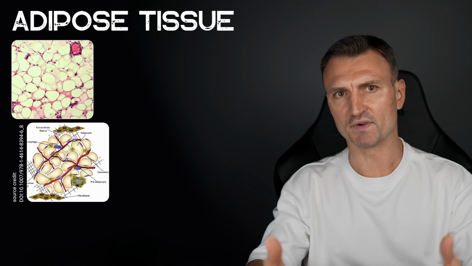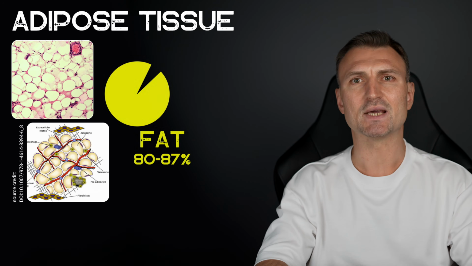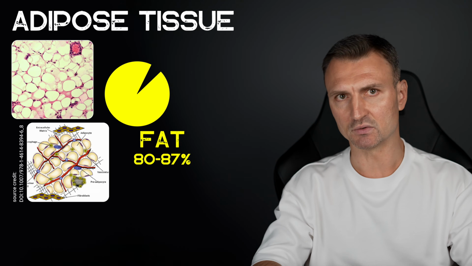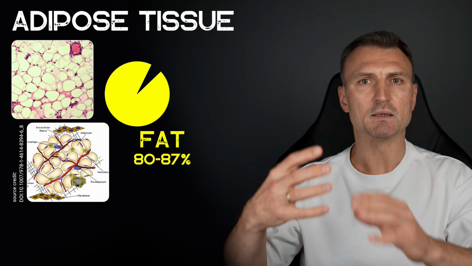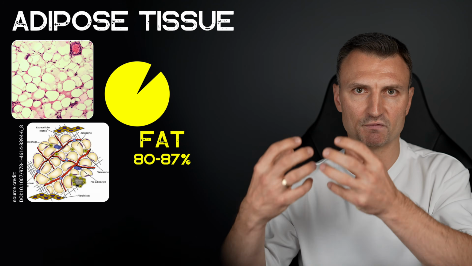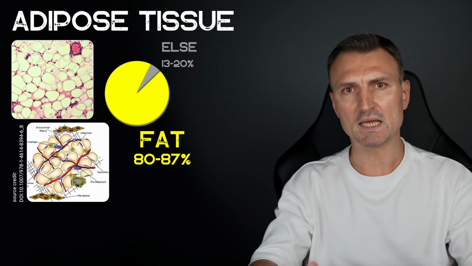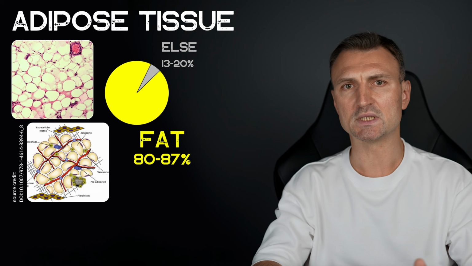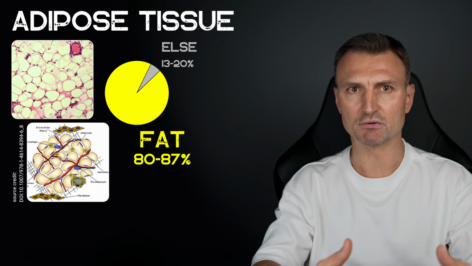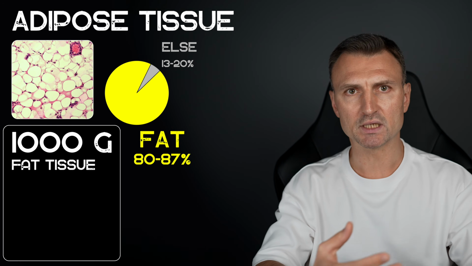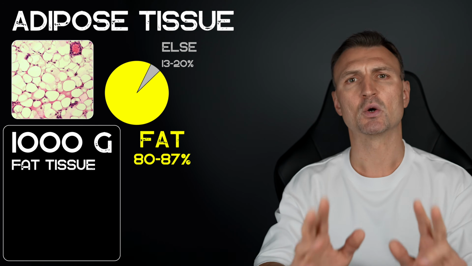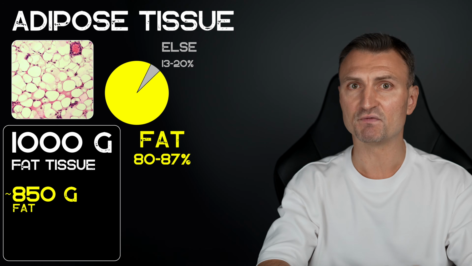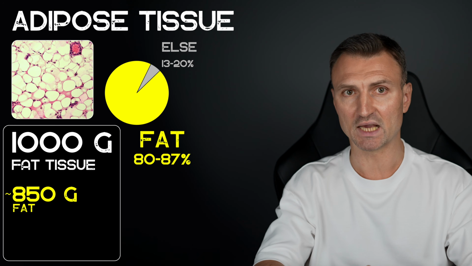Firstly, let's start with understanding that adipose tissue is not pure fat. About 80 to 87% of adipose tissue is indeed composed of adipocytes or fat cells, but the remainder is formed of water, protein, and cellular material. So in reality, 1 kilogram of adipose tissue will contain around 850 grams of fat on average.